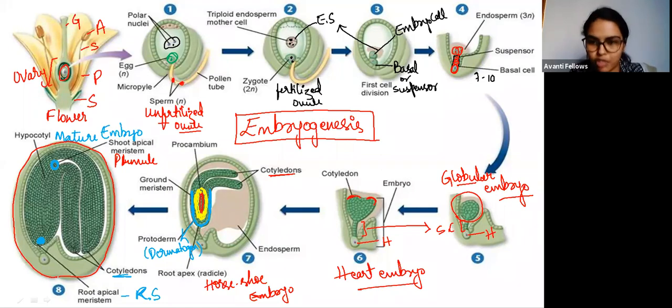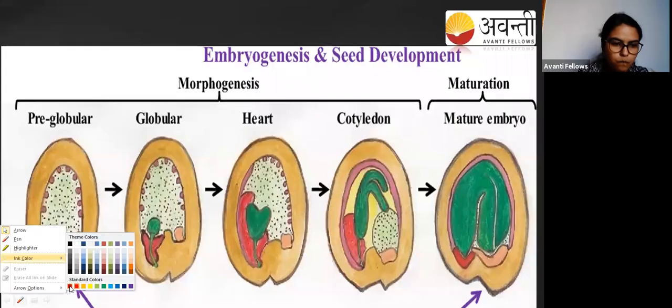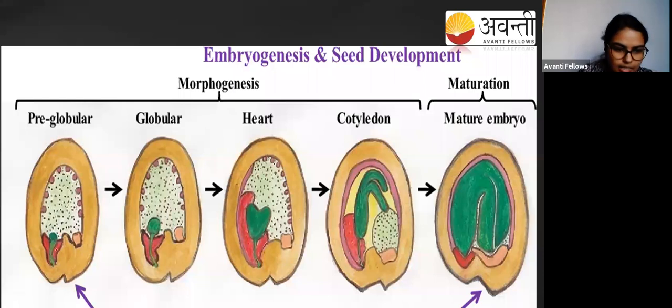I just did some revision. Here also you can see a handwritten kind of diagram. Look here. This is the haustorium, and these are suspensor cells, and this is the globular embryo which is developing.